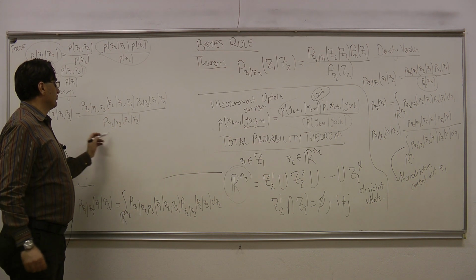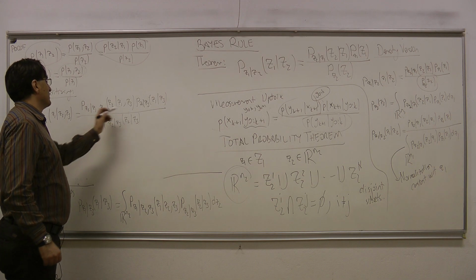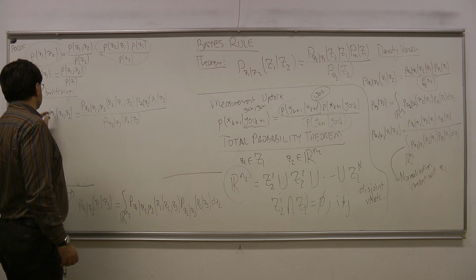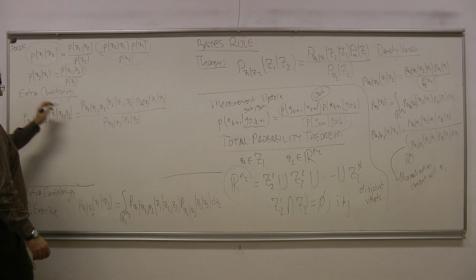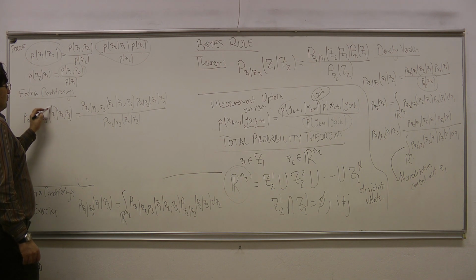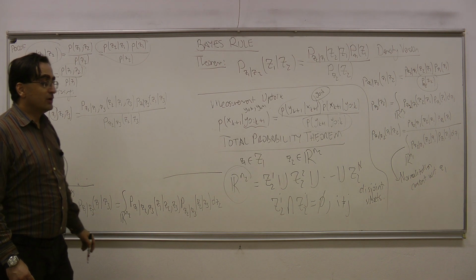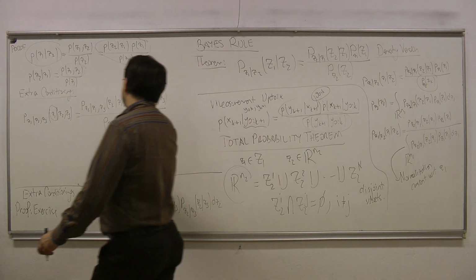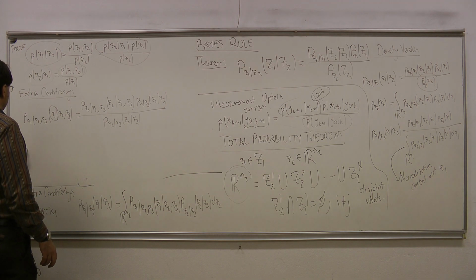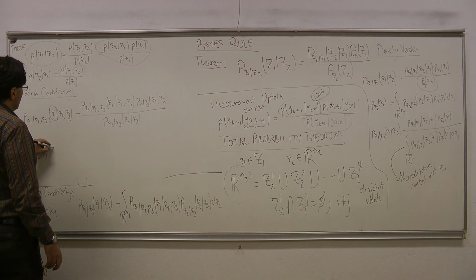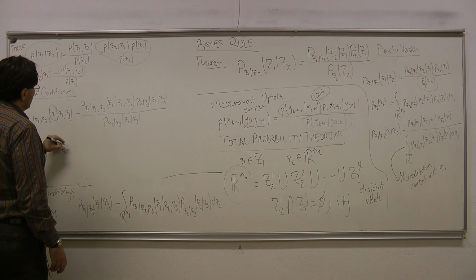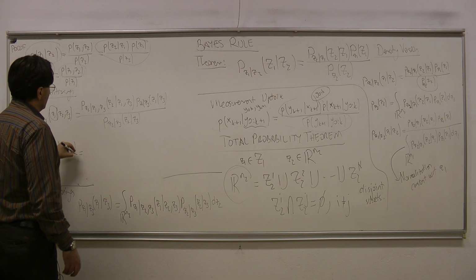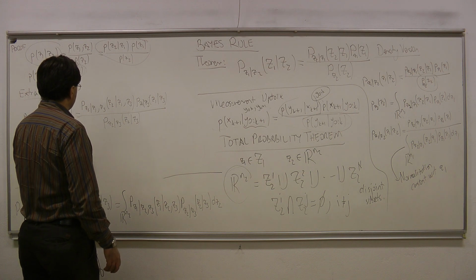So here I have told you that this denominator is nothing but a normalization constant for this quantity to be a proper distribution function with respect to Z1, and actually I can write it as such. So Z1 given Z2, Z3, and I will write everything in the numerator.